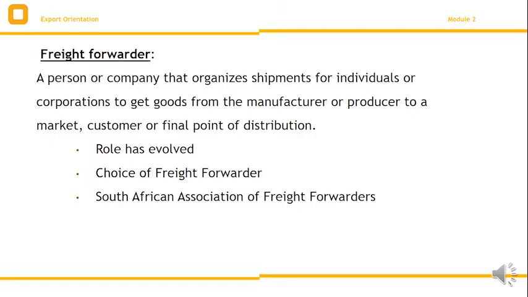So their role was to ensure that they find cost-saving ways that will make sure that the goods are delivered in the shortest or best possible time. So, in short, one could say their role was to move goods out of the country on behalf of the exporters or shippers, or move goods into the country on behalf of importers.